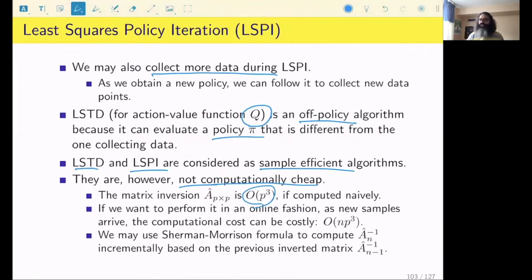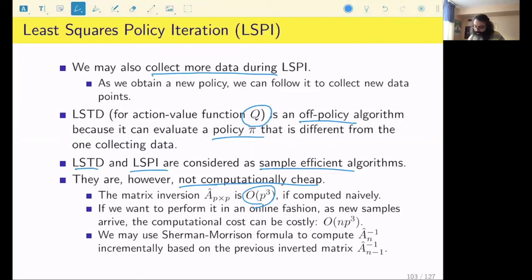And if you want to do it online, so what I described was a batch method, where data was collected, I compute A once and invert it once at each iteration. But if I do it online, like I collect one data point, construct a new A, and then take the inverse of it, that would be computationally very expensive.